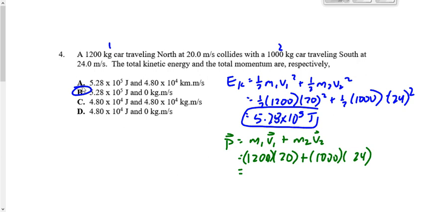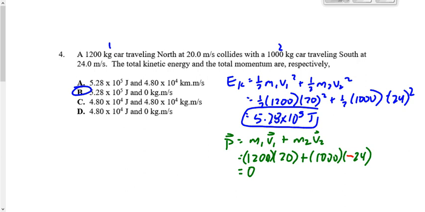Is that right? What's wrong? Yeah, I need a negative. How come I didn't put the negative in front of the 24 for kinetic energy? Because it doesn't have a direction. Yeah, speed is a scalar, kinetic energy is a scalar, velocity and momentum are vectors. What does this add up to give me? 0. So my answer is B, as I said, 5.28 times 10 to the 5 and 0. Does that make sense? Good.